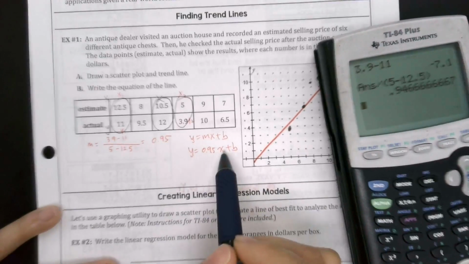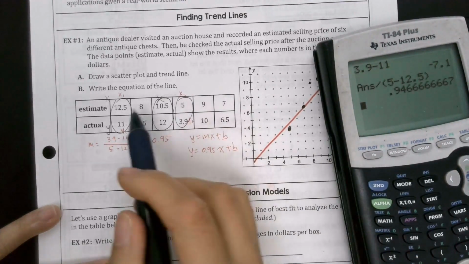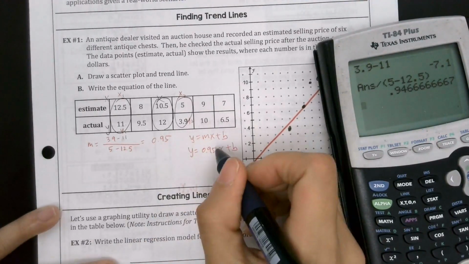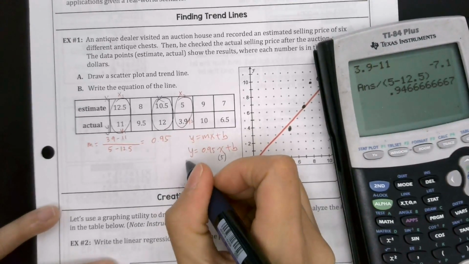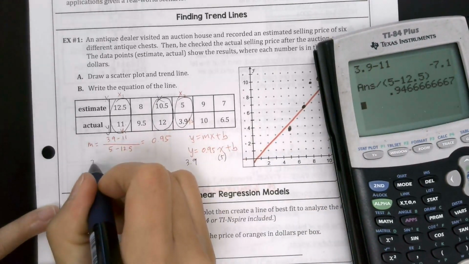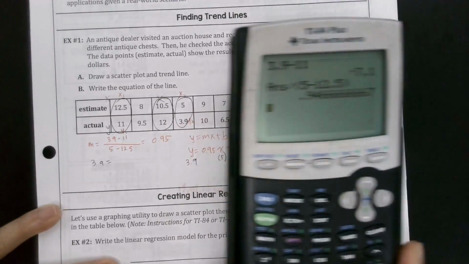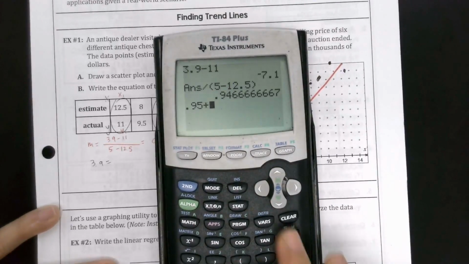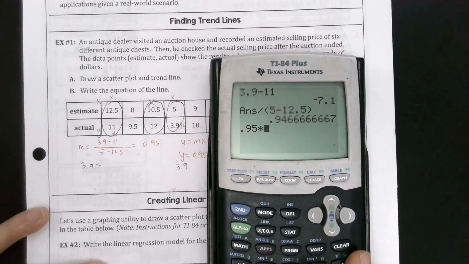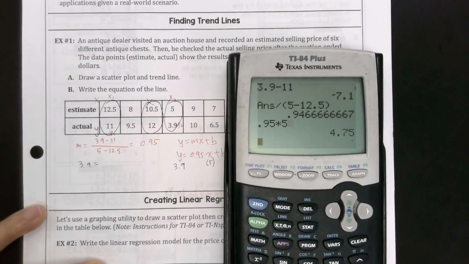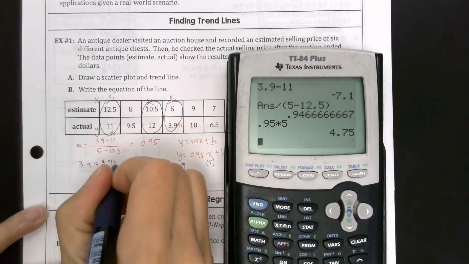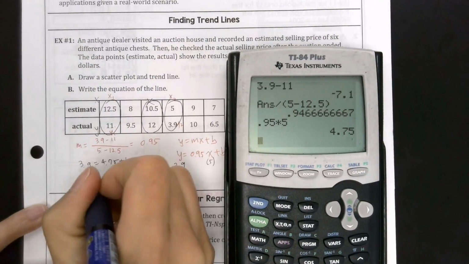Plug one of these points into the x and the y, right? So let's use this one. X is 5, y value is 3.9. So I got 3.9 is equal to 0.95 times 5, which is 4.75, plus b.